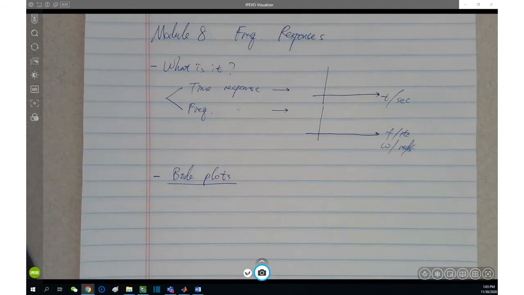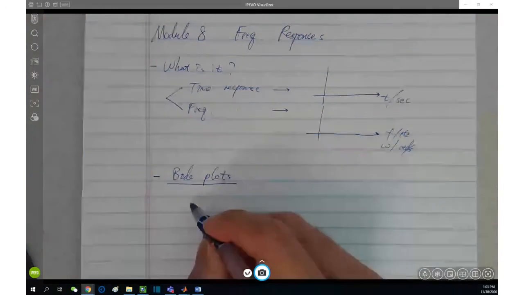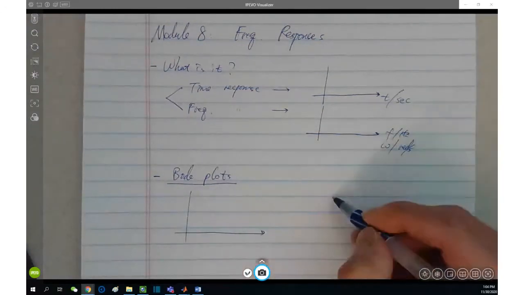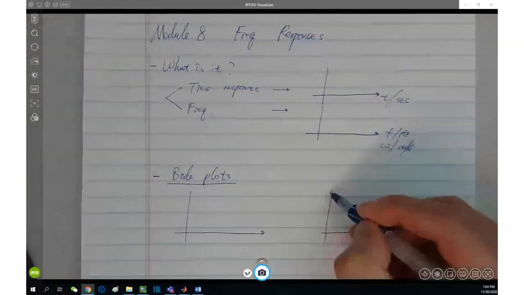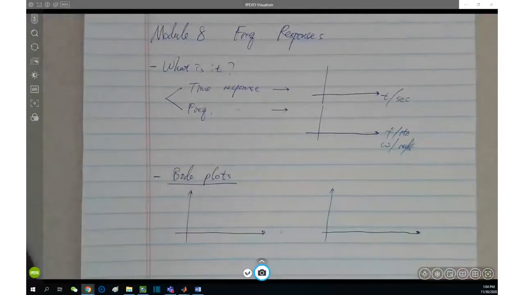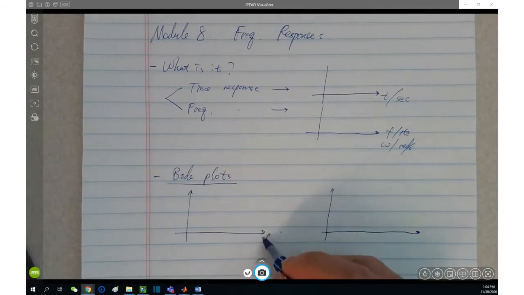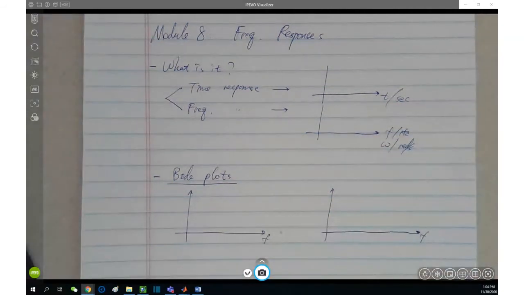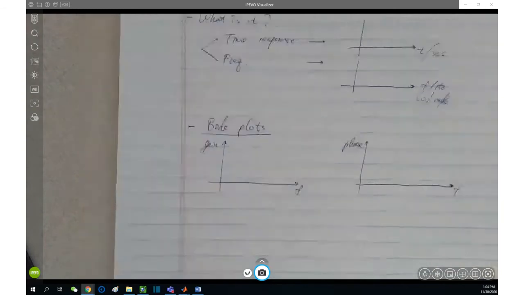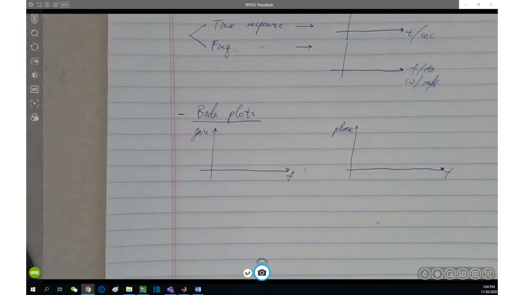Bode plots include two plots, basically, and not a surprise, both plots are with respect to the frequency f, or omega. So who knows which and which in a Bode plot? This is the Bode plot, just as simple as this.